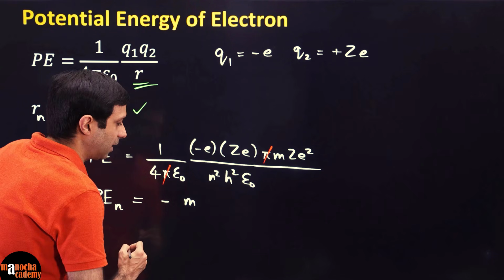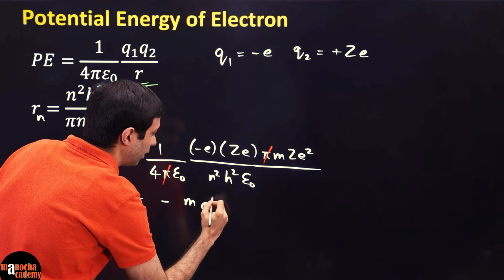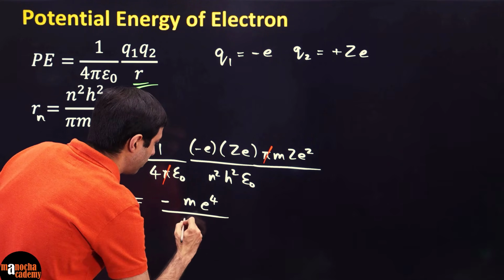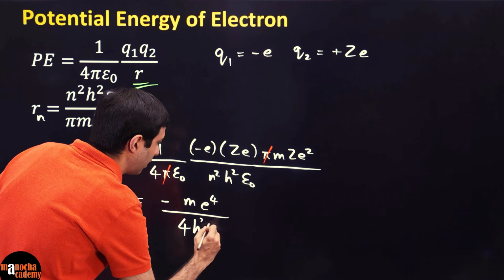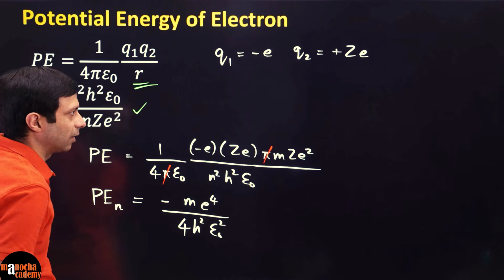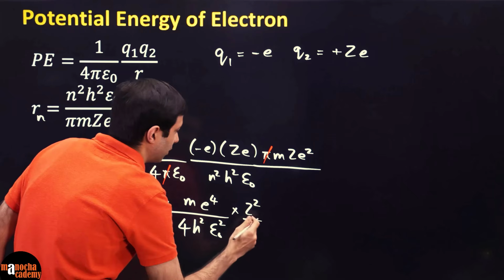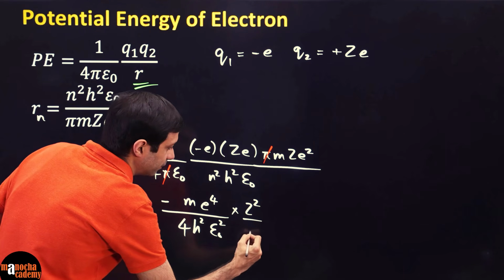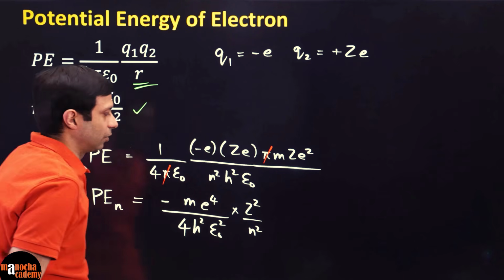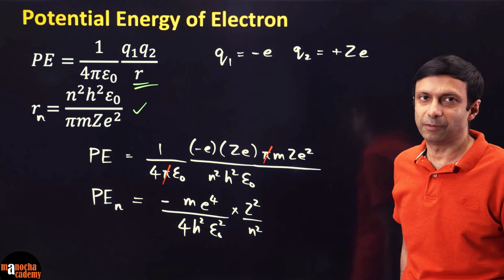So m, the mass, E square, there's a E square there, so E to the power 4 divided by 4 H square epsilon naught square. And then we are left with a Z square divided by an N square over here.